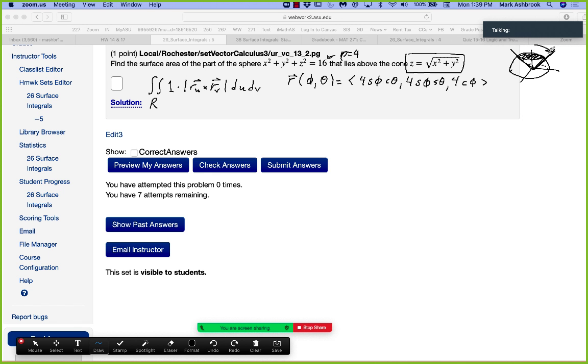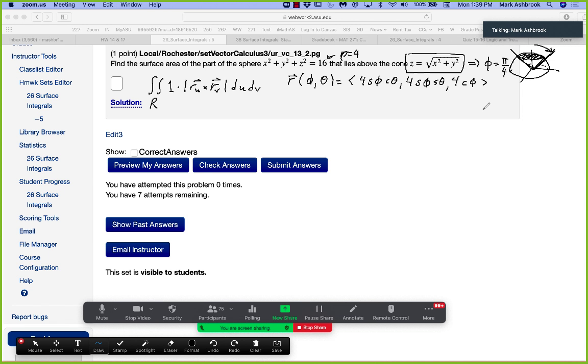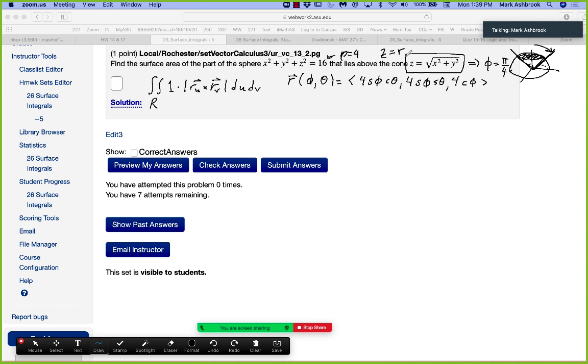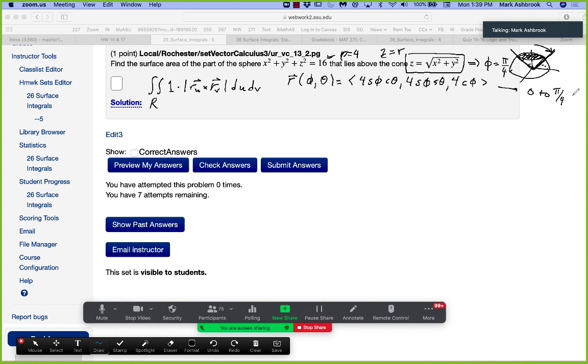Yeah, if you do the math, it's equivalent to phi equals pi over 4. Because this is z equals r. Z equals r means that rho cosine phi equals rho sine phi. So if cosine phi equals sine phi, that's phi equals pi over 4. So our limits are going to be from 0 to pi over 4 for phi, and then 0 to 2 pi for theta.